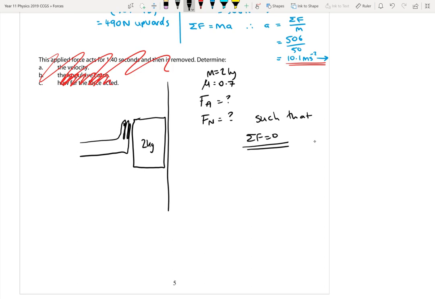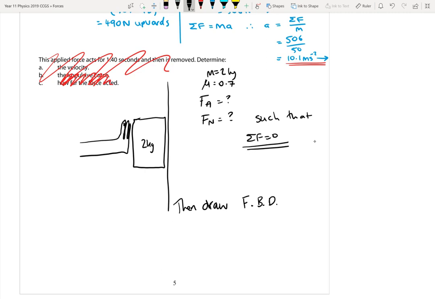Okay. Have a chat amongst yourselves. This is a strange scenario. Since the object is in equilibrium, the applied force and the normal force must be equal and opposite.